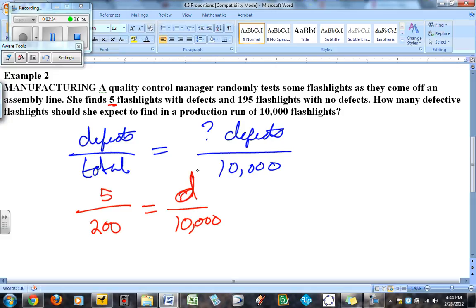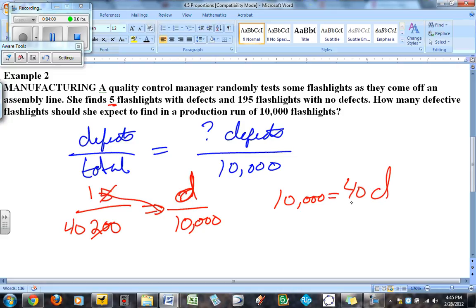Before you cross multiply and divide, you can actually reduce this fraction if you want. We know that 5 goes into 200, because 200 ends in a 0, and it goes in 40 times. So we can reduce this before, just to save a little math. Now we can cross multiply. 1 times 10,000 is 10,000, and 40 times d is 40d.